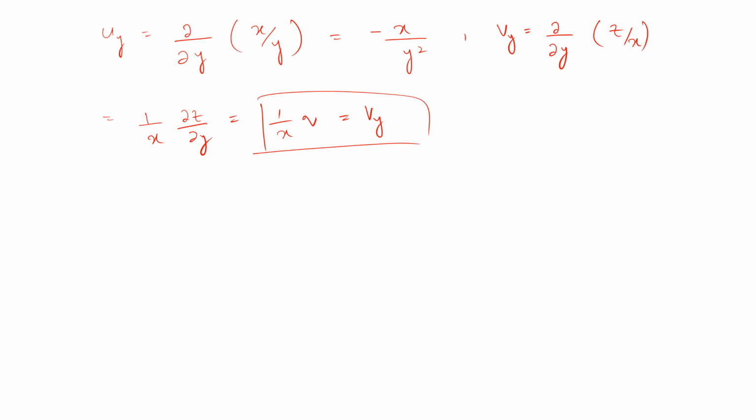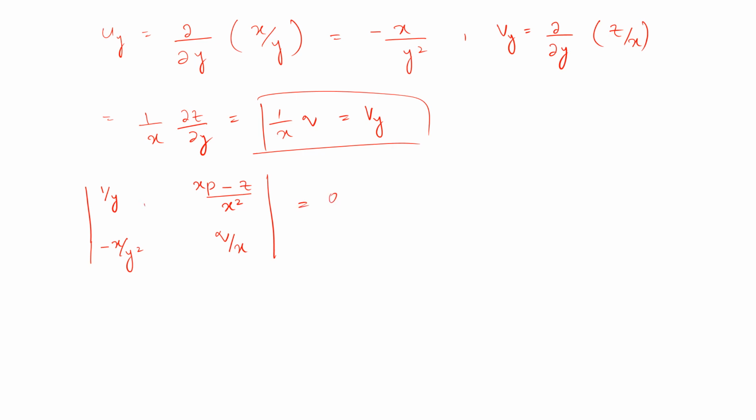Now we have found ux, vx, uy and vy. Now we will find the determinant. ux is 1 over y, and then vx is xp minus z over x squared, and then uy is negative x over y squared, and then vy is q over x, and this equals 0.